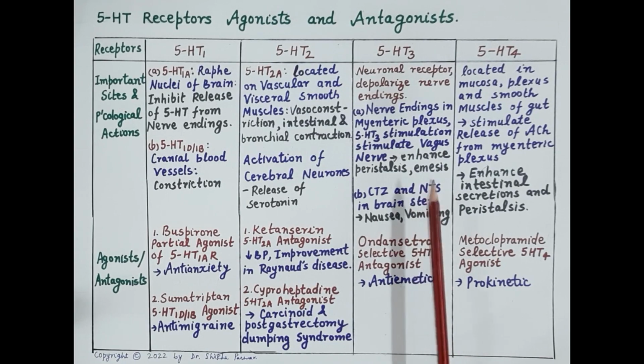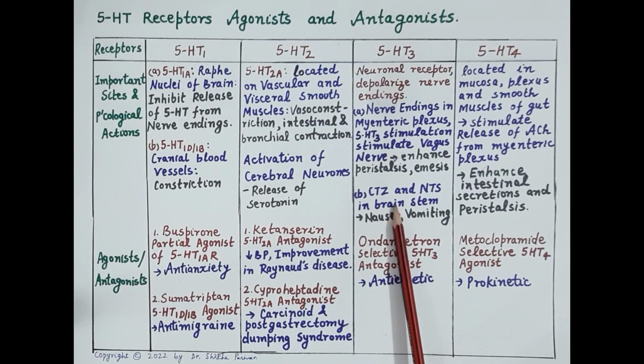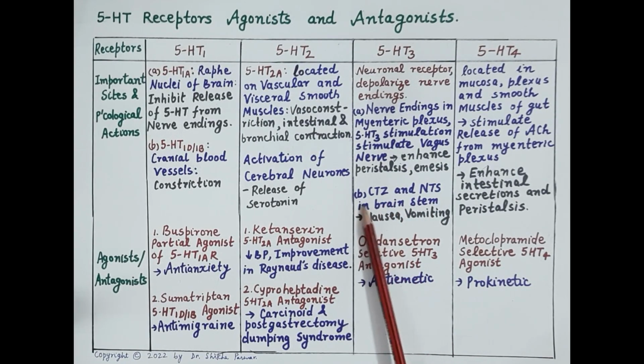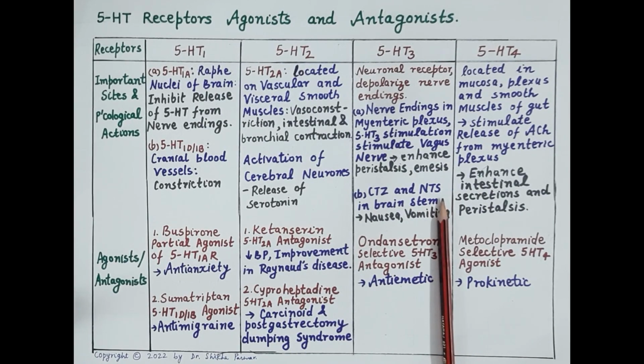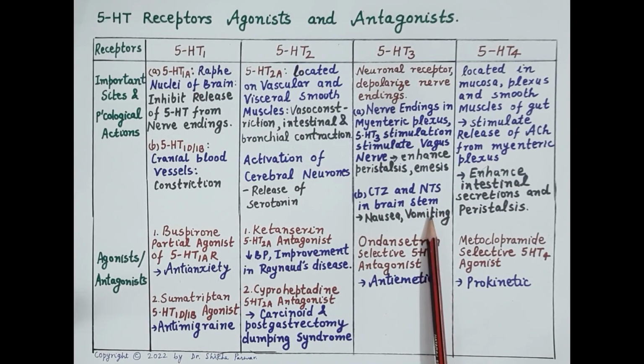Now, in addition to this, these 5-HT3 receptors, they are also located on the chemoreceptor trigger zone, that is CTZ, and nucleus tractus solitarius in the brain stem. Now, stimulation of these 5-HT3 receptors causes nausea and vomiting.